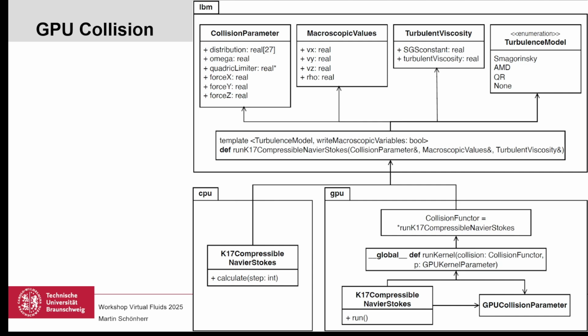Let's say the most complicated part is to manage that you have two different styles of data structure, but using the same method here. And this is done in a nice way. So we now have the same here, the K17 compressible Navier-Stokes kernel.